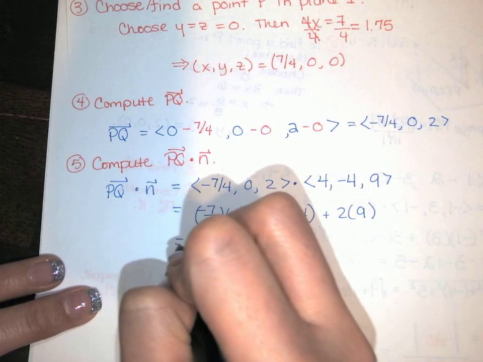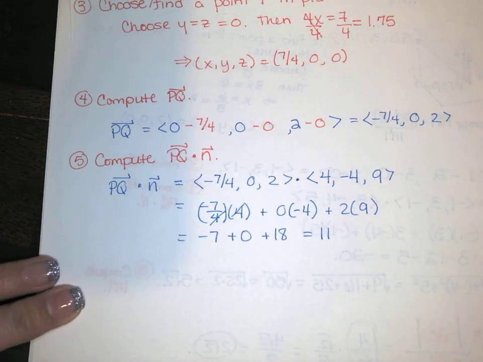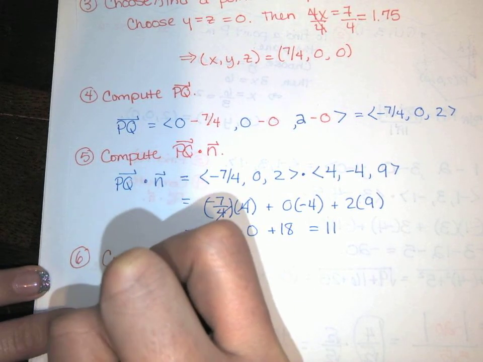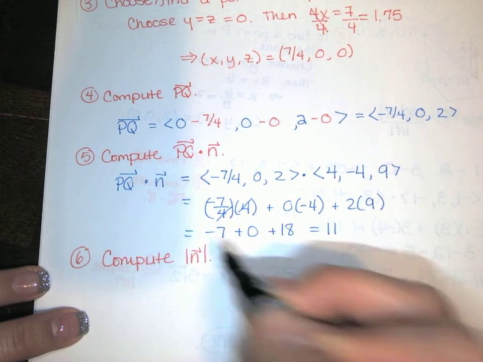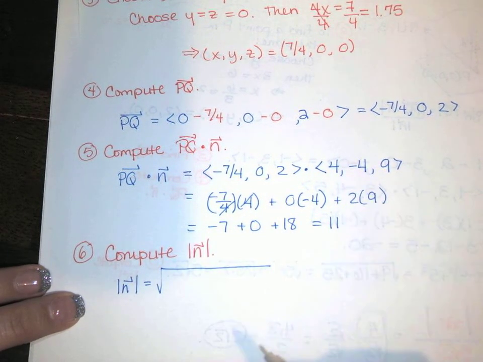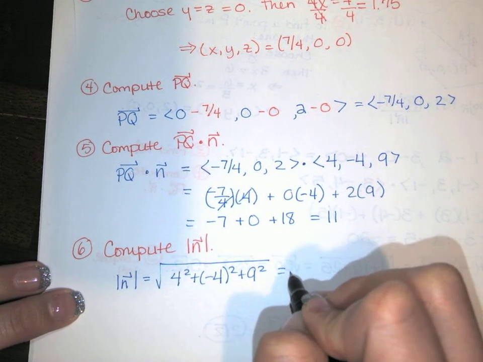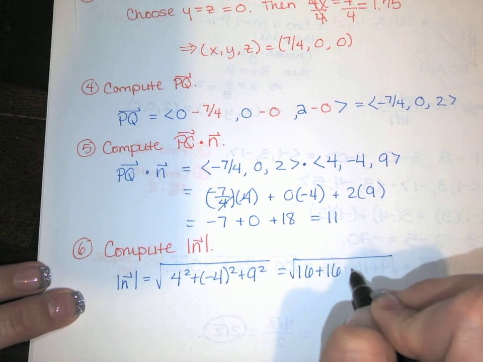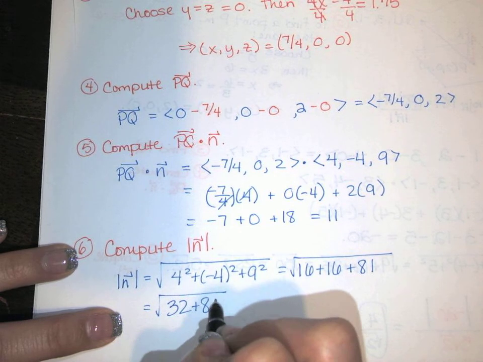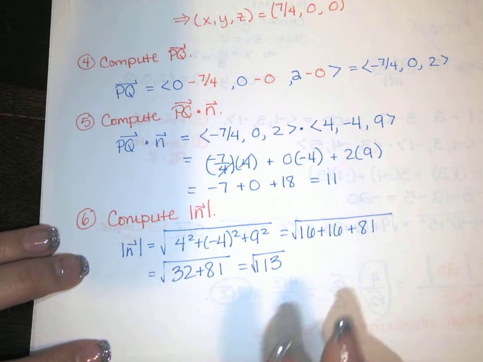Those 4's reduce, and you get -7 plus 0 plus 18, so that's 11. And then we need to compute the length of n, the length of that normal vector. Remember how we do that? Take the components, square them, add them, and take the square root. So we've got 16 plus 16 plus 81. That's 32 plus 81, which is 113.